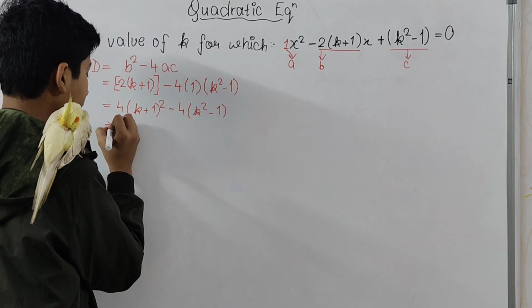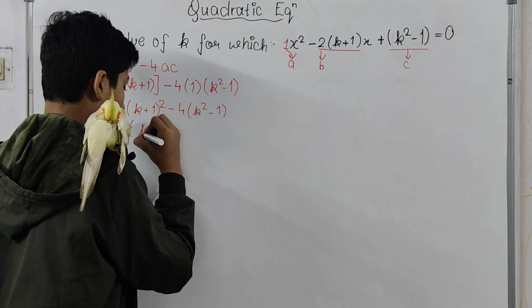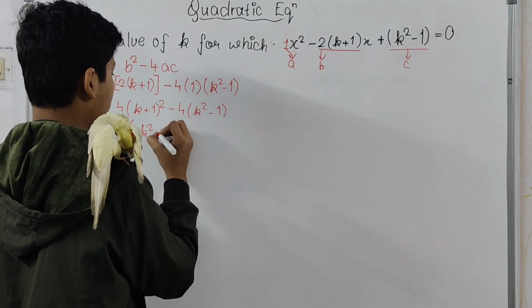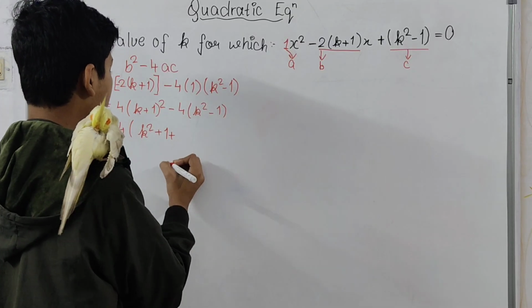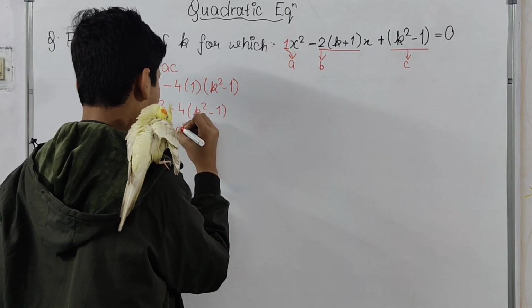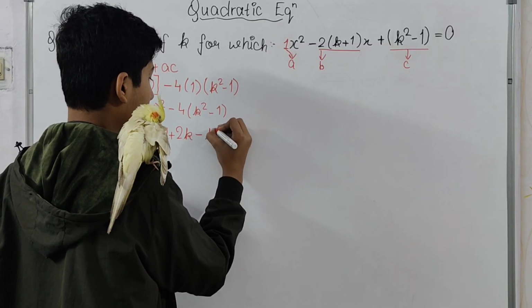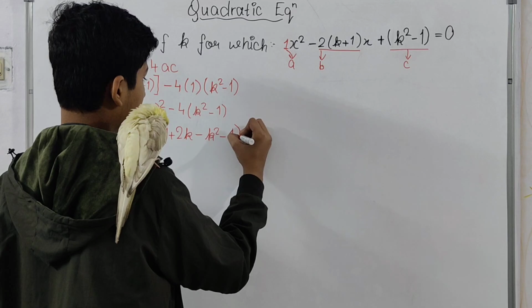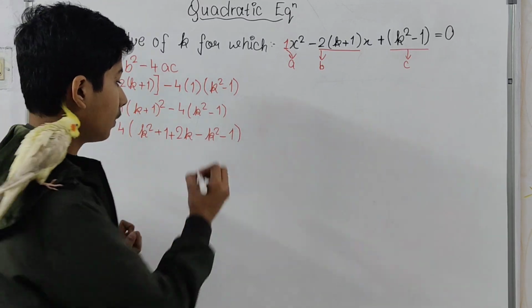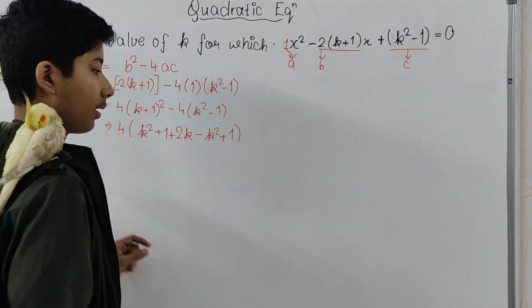We take 4 common, so it will become k square plus 1 plus 2 into k into 1, means 2k, minus k square minus 1 plus 1, because minus will change the inner sign.